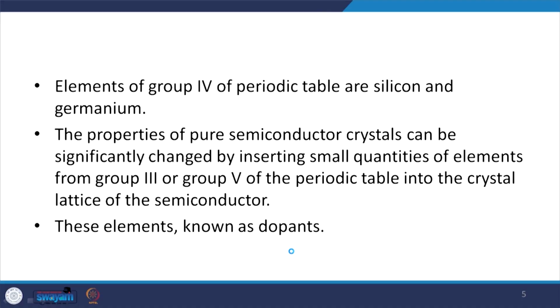If we look at the elements in group 4 of the periodic table, we have silicon and germanium, and the properties of a pure semiconductor crystal can be significantly changed by inserting small quantities of elements from either the higher group, group 5, or the lower group, group 3, of the periodic table into the crystal lattice of the semiconductor, and this process is what we call doping, and these elements are called dopants.